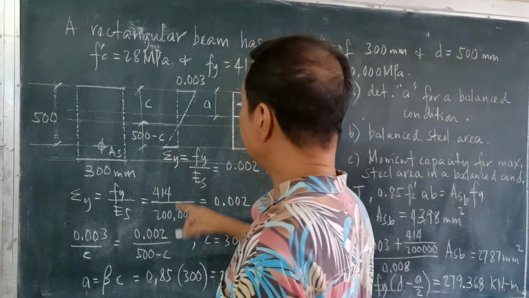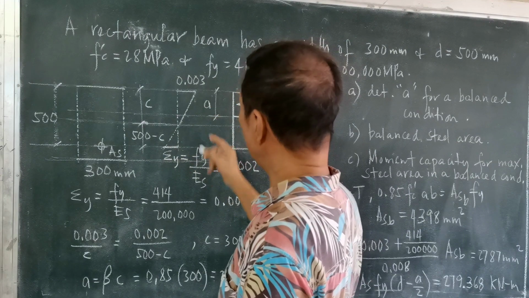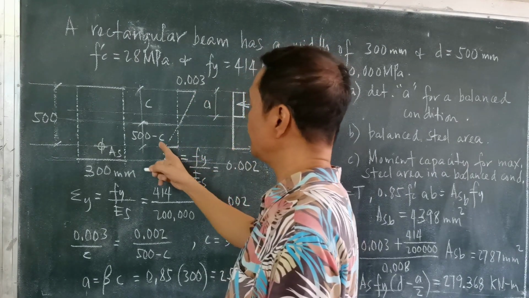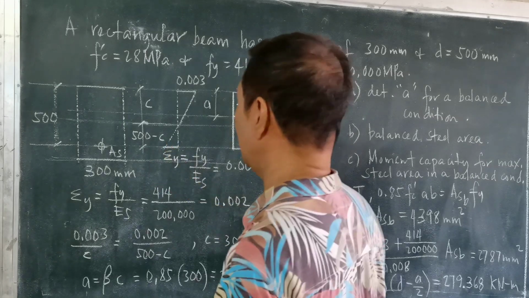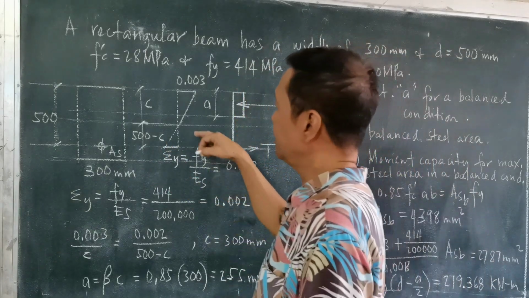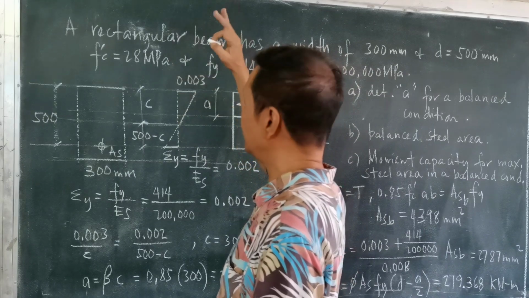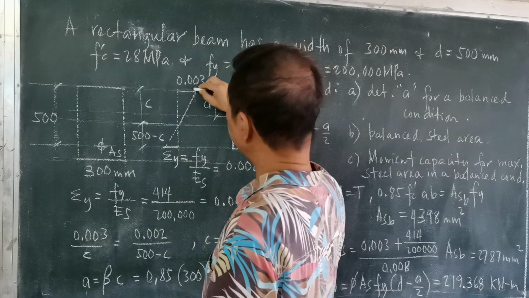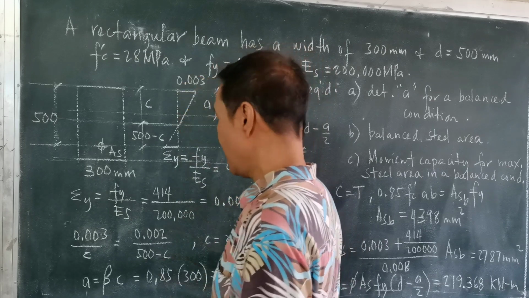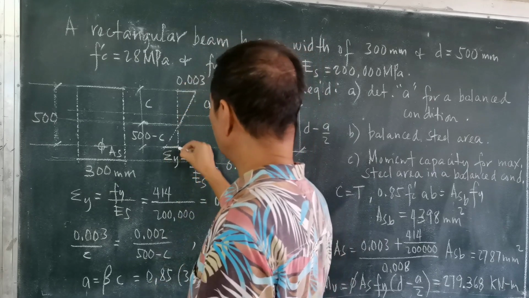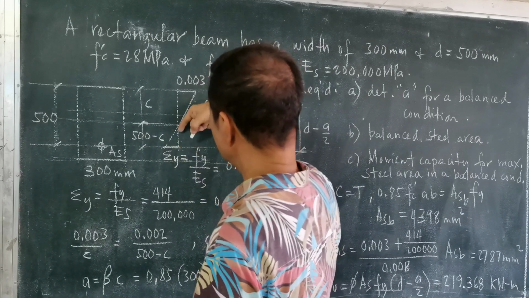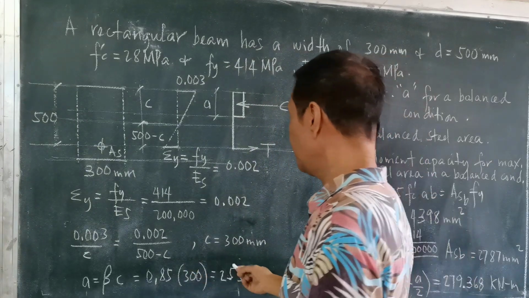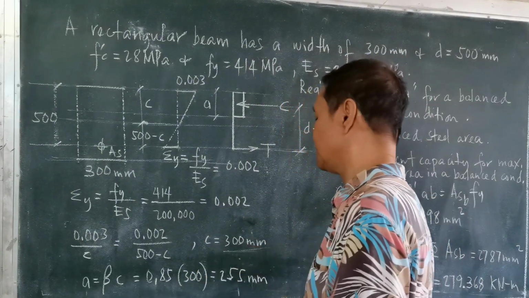Then, solving for the value of C, since you already know this and that, and you are given the effective depth, you can already solve the distance of the neutral axis from the top fiber under compression. So, from similarity of triangles, 0.003 is to C, as 0.002 is to 500 minus C. So just consider these two triangles. Solving for C, you will get 300 millimeters.